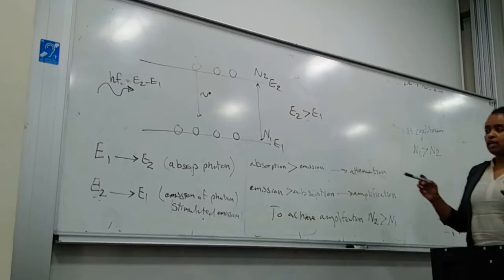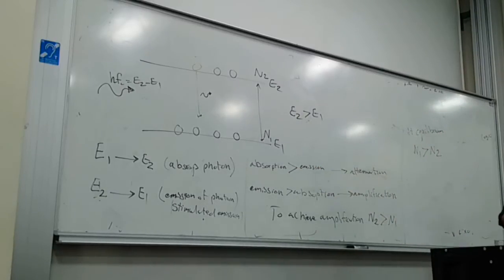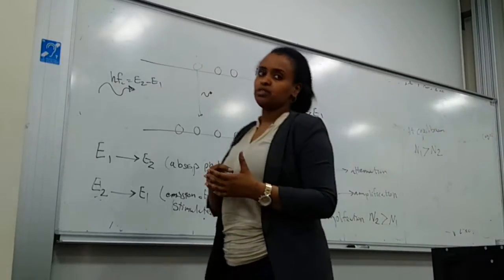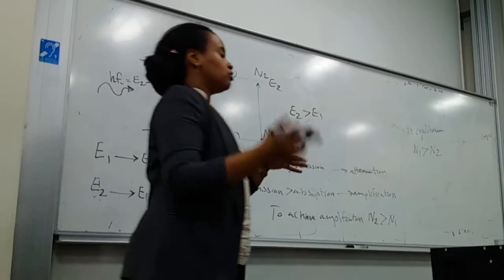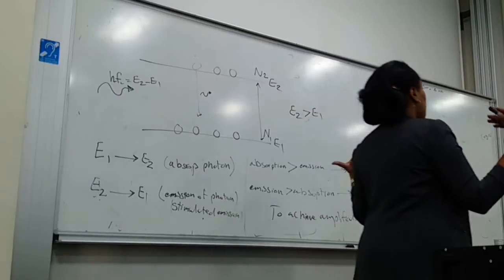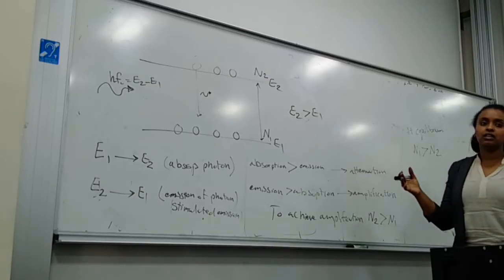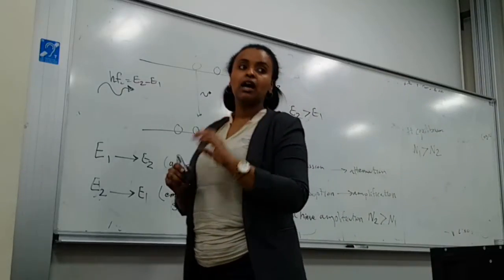So now we understand the absorption and the stimulated emission. Actually, atoms will not stay at E2 forever, independent of any electromagnetic field applied. Atoms at E2 will spontaneously fall down to E1 and emit a photon.